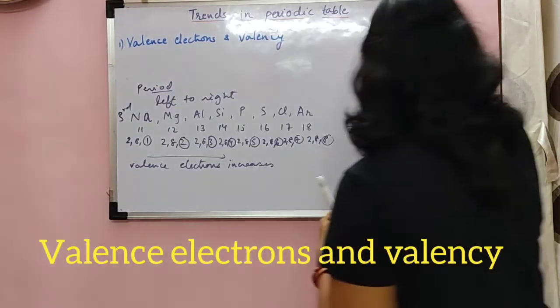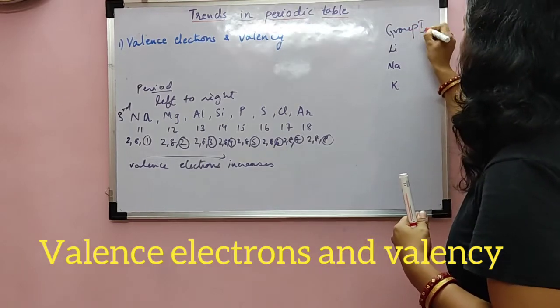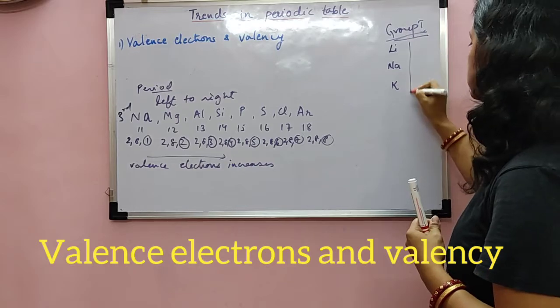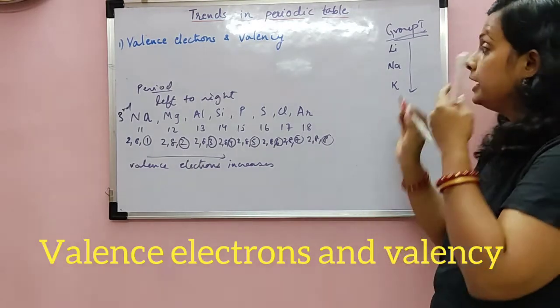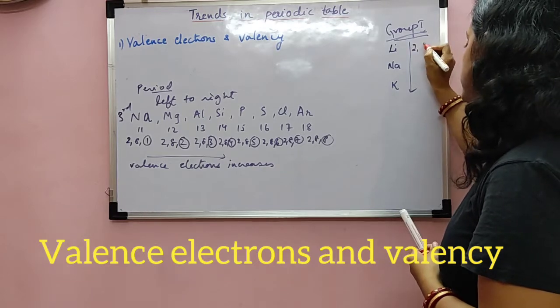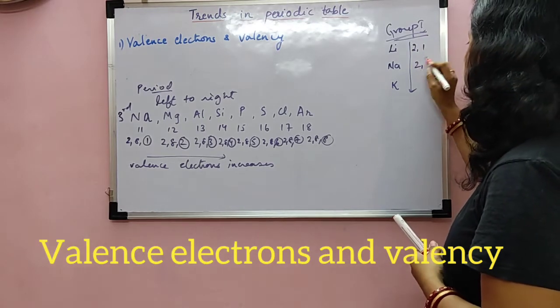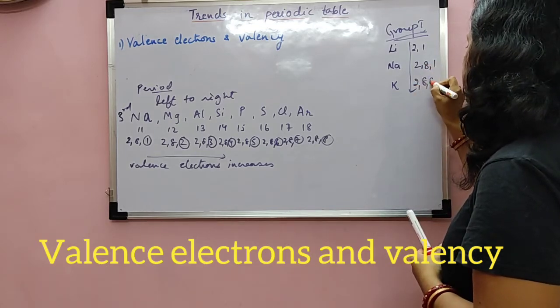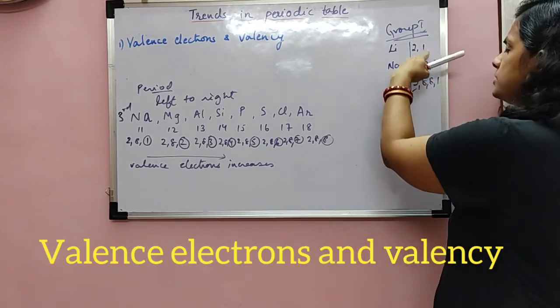So this is the first group which I have written, group 1: lithium, sodium, potassium. So you can see here the number of valence electrons. Lithium's atomic number is 3. You can see the electronic configuration: it is 2,1, then 2,8,1, then 2,8,8,1. So what is happening to the valence electrons?